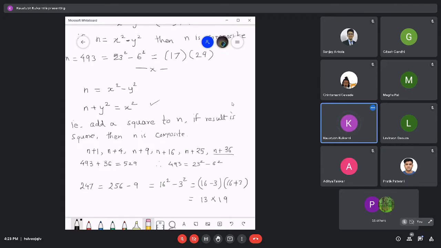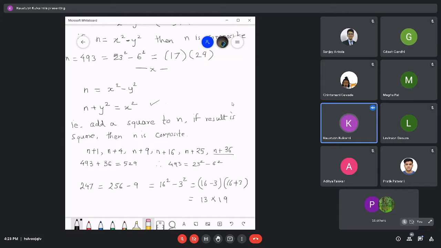So what we are doing is adding square terms to n. Up to this part, it was clear, right? 247 plus 1 is 248, not a square. 247 plus 4 is 251, not a square. 247 plus 9 is 256, which is a square. So 247 is 256 minus 9, which is 16 square minus 3 square.